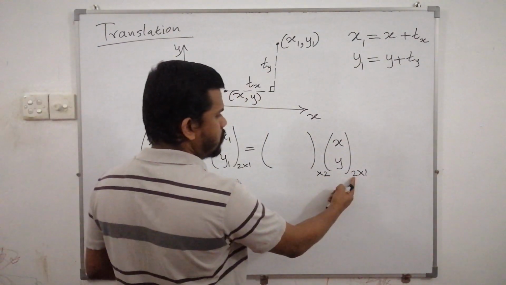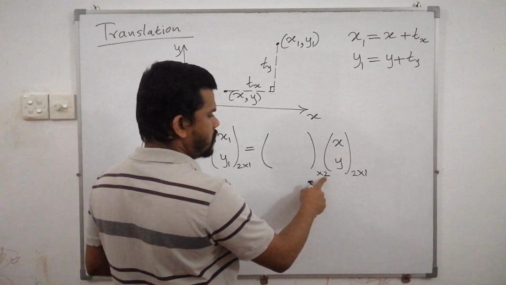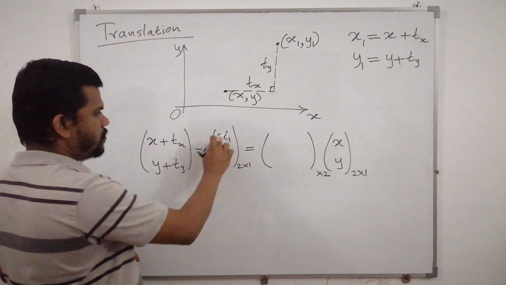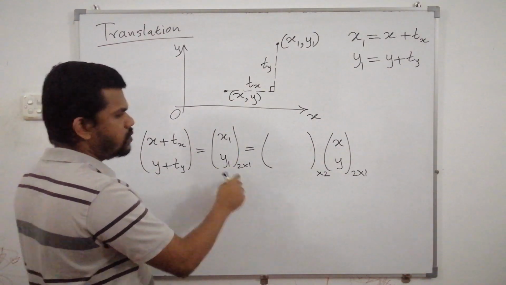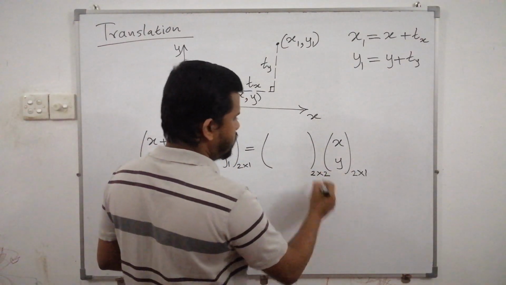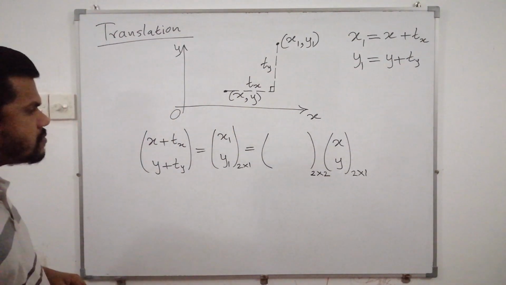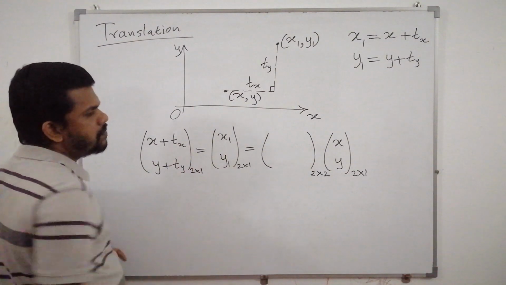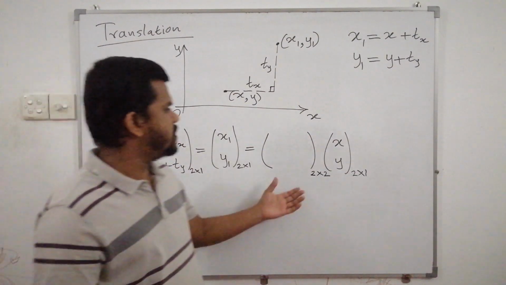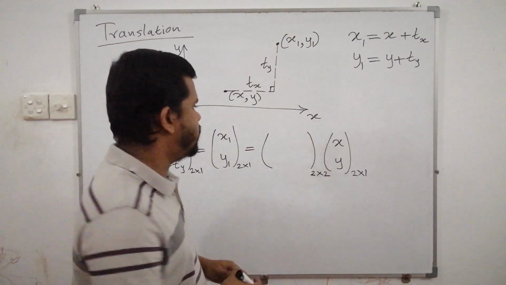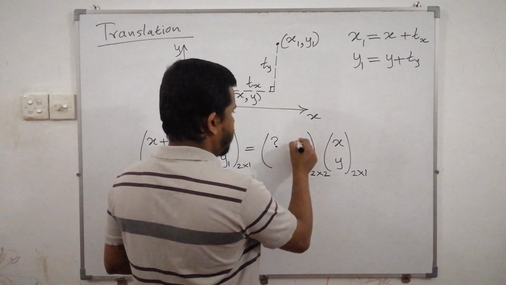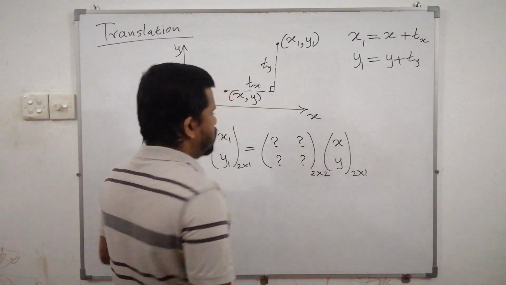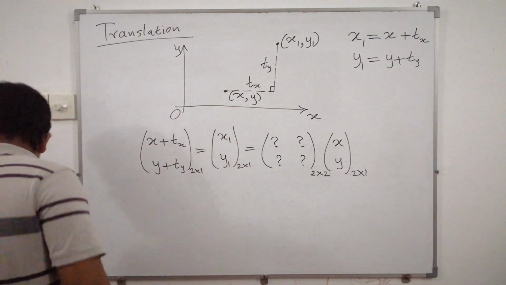So, here 2, therefore, here also we should have 2. And the number of rows of this matrix is 2, therefore, here it should be 2. And this one 2 cross 1. Now, this is a 2 cross 2 matrix, therefore, we have to find 4 values.